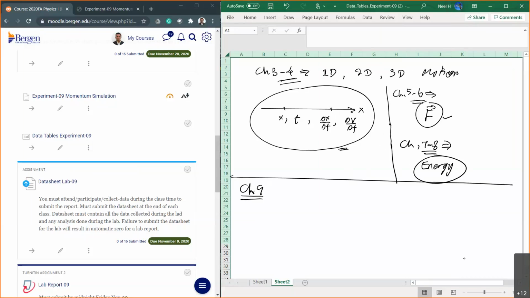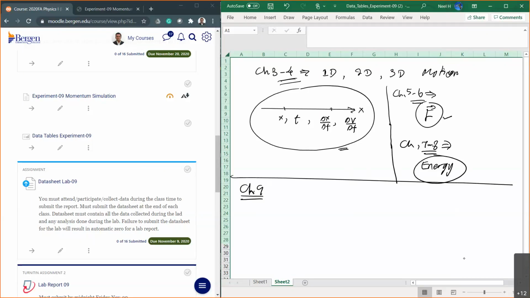We always talked about an object under certain forces, which can move from one point to another, but we never discussed collision, right? Now, this chapter mainly concerns what happens before the collision and after the collision. That's what we are really interested in.